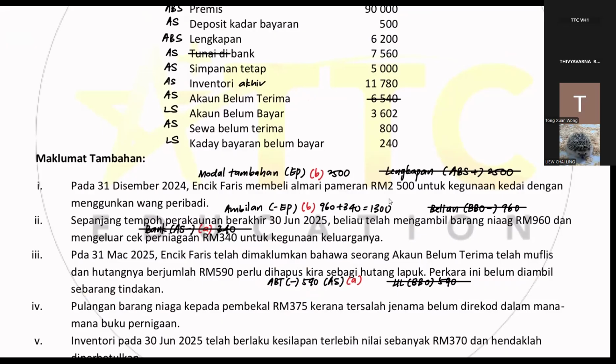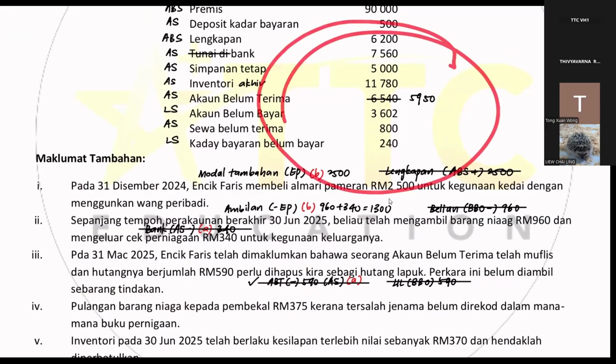So you will get 5,950. So after adjusted here, then don't need to bother this at all. So you can make a cross that we have done this adjustment already. If you want to make some remark, you can make a tick here, make a remark here. We cancel it because we have done adjusted in the list already.